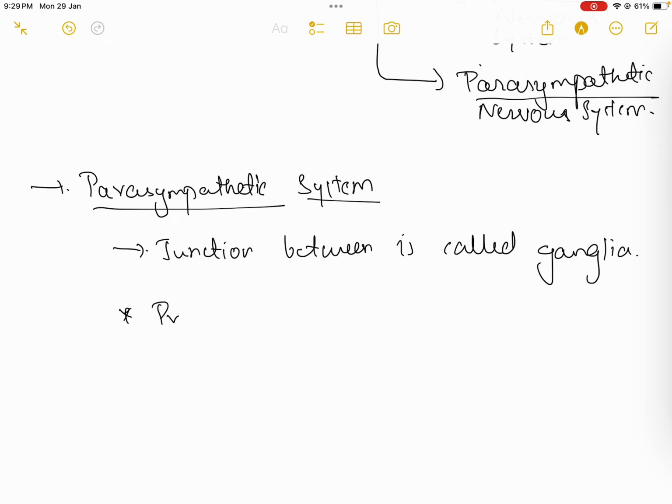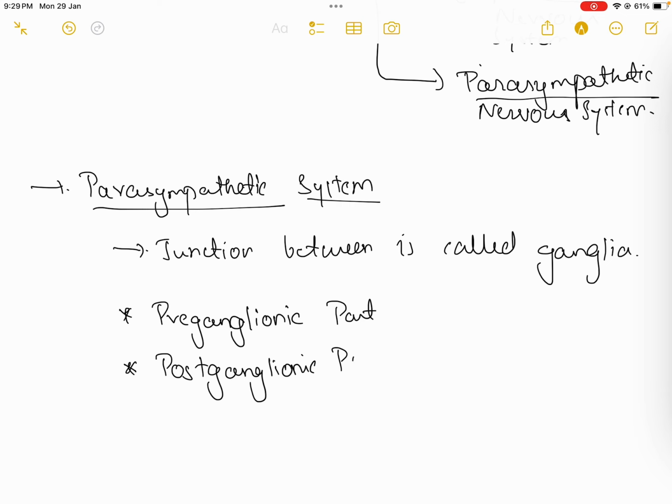So again it consists of two parts, the preganglionic part and the postganglionic part.